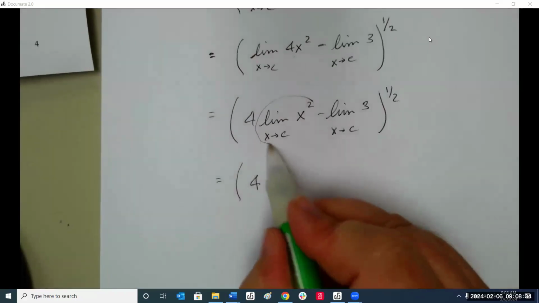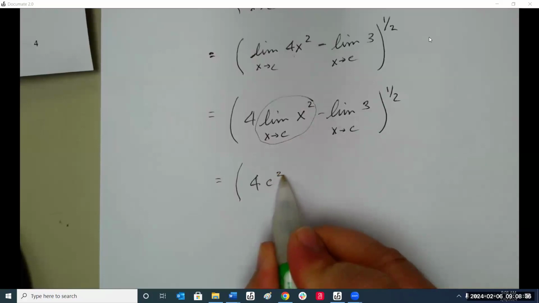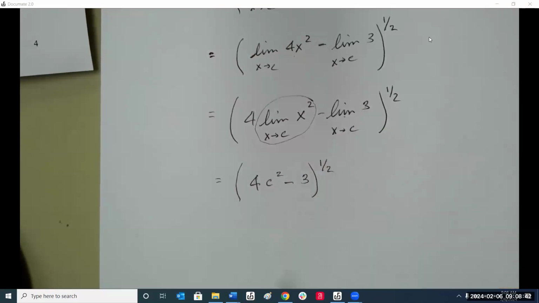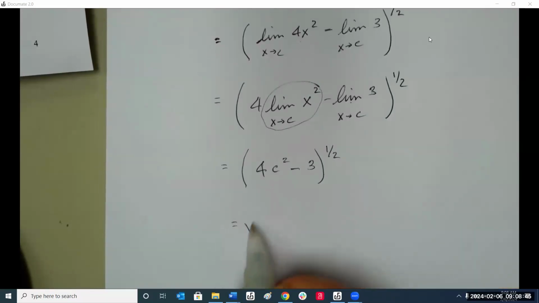So the limit of this part becomes c squared minus the limit of 3 is 3. And there's your answer.